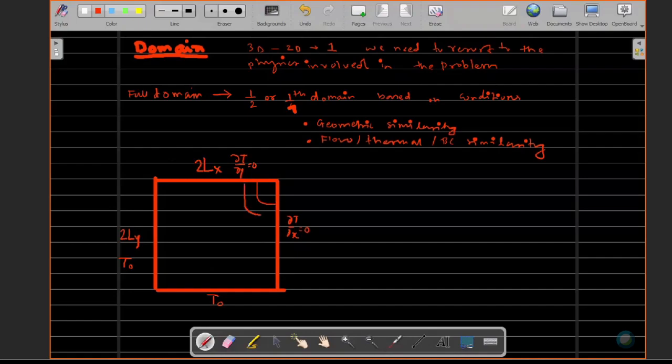So here it will be 90 degrees, here it will be 90 degrees, here also it will be 90 degrees. And at the end, they will try to maintain some value which is a little higher than T naught. And at all the walls, you will be getting T naught value. Here it should be perpendicular at those walls, and it can be elongated like this, but perpendicular.